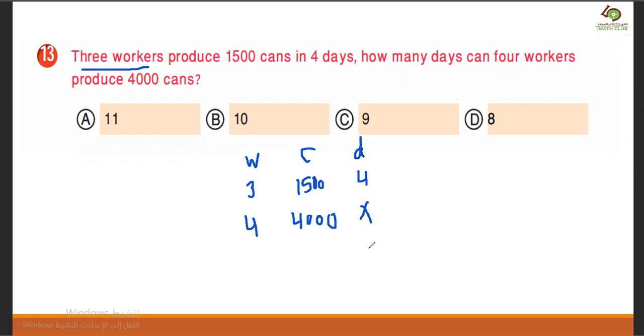So how do I find X? You multiply like this.